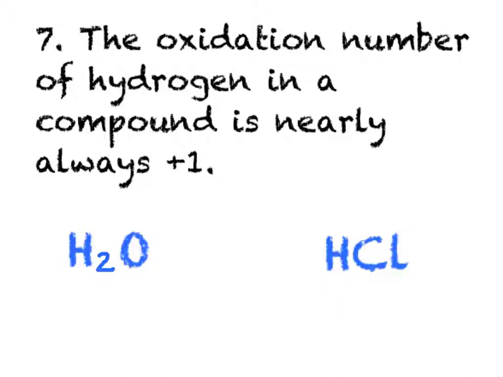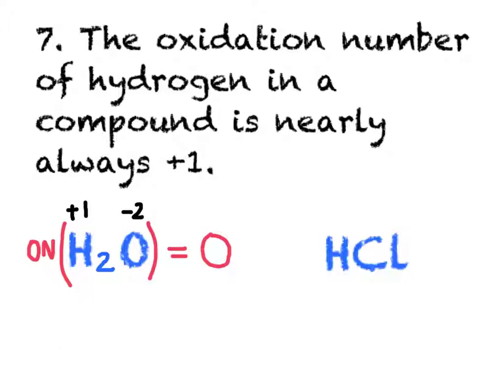Now I just want to draw your attention to this. Going back to rule number 3, we said that the oxidation number of an entire compound is going to be equal to 0. So the oxidation number of water would be equal to 0 because it's a neutral compound. This makes some sense. If we go back to rule number 6, it said that the oxidation number of oxygen is going to be minus 2 in this case, and the oxidation number of hydrogen we now know is going to be plus 1.